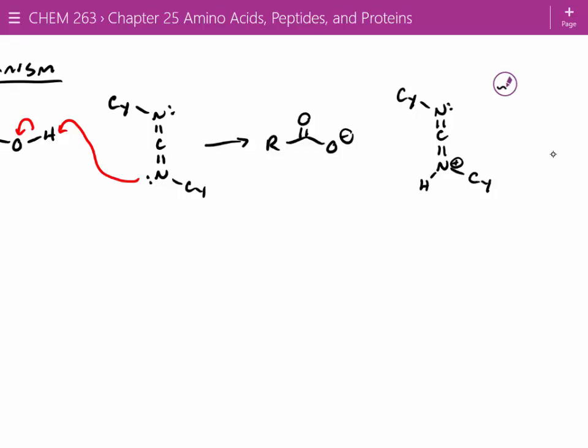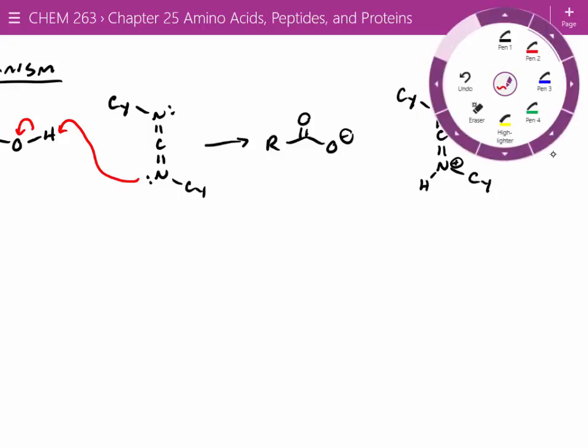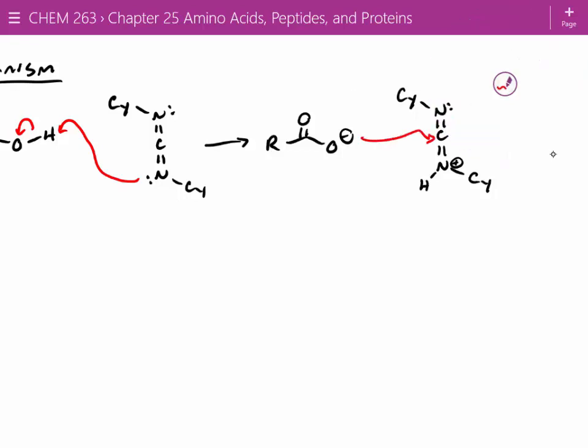Attack the carbon, right? So we've got a nitrogen with a positive charge. If we attack that carbon, we can kick up one of those pi bonds onto the nitrogen. So this can attack there, kick up electron density.